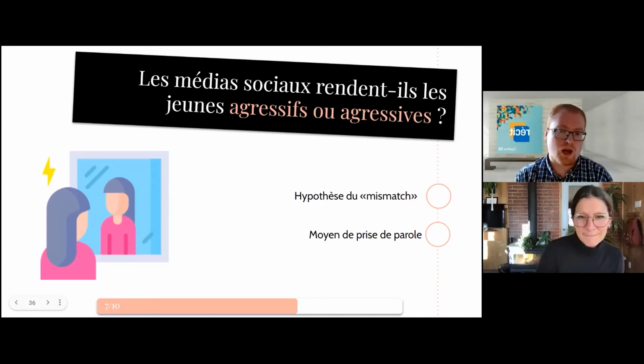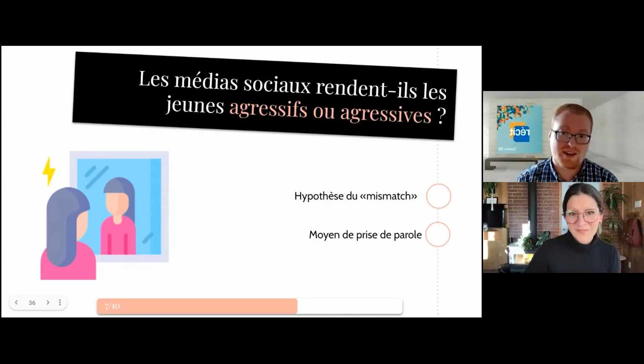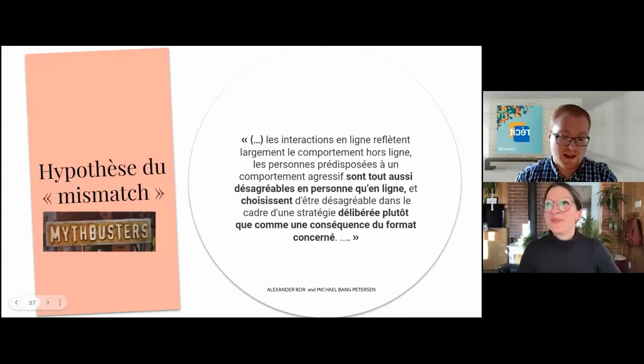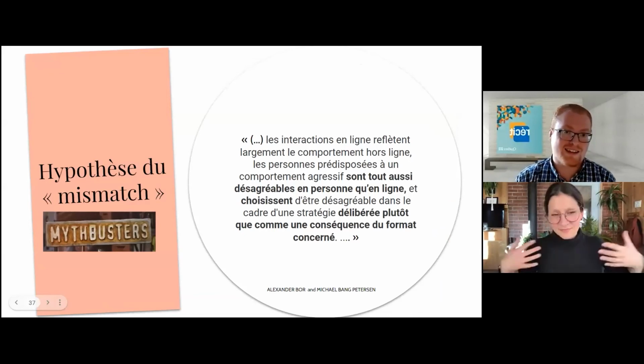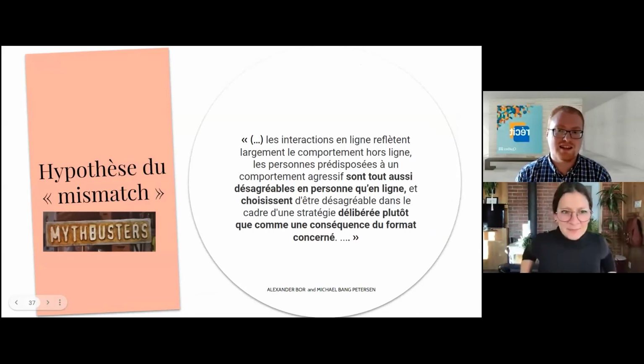The answer is that there may be a few people who are more affected by this, but researchers found that the vast majority of people who post heinous comments online are unpleasant people in real life as well. It's mostly a way to get their heinous words out. Often these people don't want to have a discussion. They just want to be unpleasant. So that's the mismatch hypothesis.